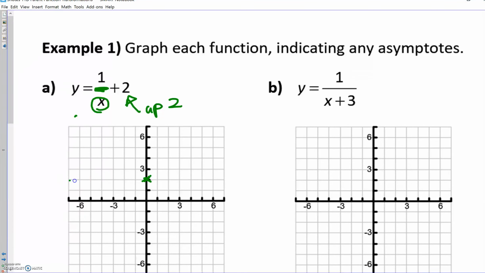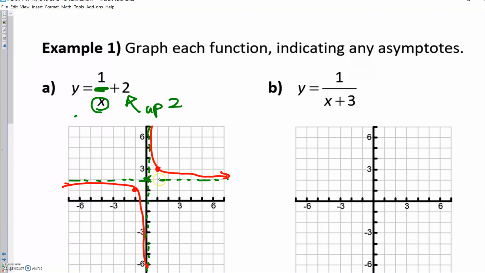And so the asymptotes moved up 2. I'm going to draw my asymptotes, which you need to do when you're graphing these. And then the points that we can put in would be this one here, the 1, 1, and those are the real obvious ones. Since we're not being real picky here, we're going to sketch these graphs.